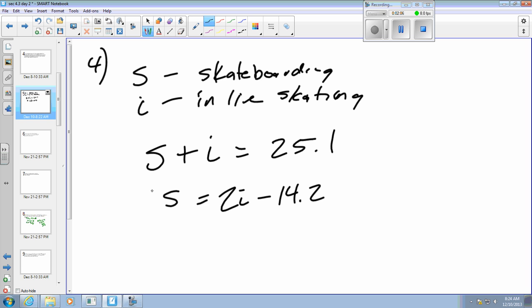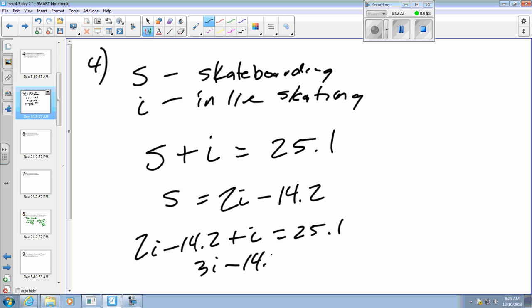Let's use substitution because this is already solved for S, and I get 2I minus 14.2 plus I equals 25.1. Simplifying 2I and I gives me 3I minus 14.2 equals 25.1.